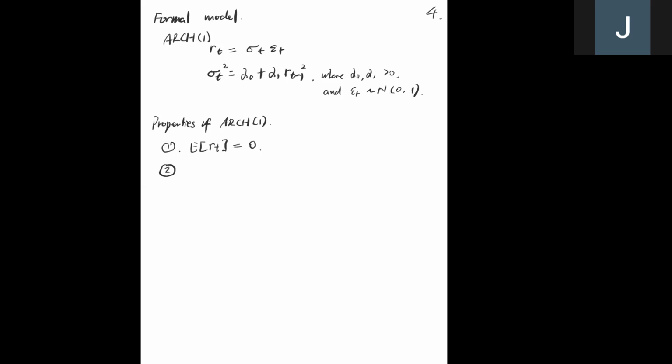The second is that the variance of this R_t is equal to alpha_0 over 1 minus alpha_1. But that's an important thing. The conditional variance of R_t given R_{t-1} is equal to alpha_0 plus alpha_1 R_{t-1} squared.